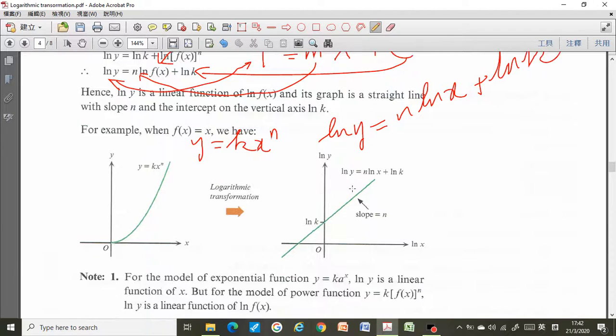So you can draw the graph like this. You must write down the straight line equation and the log x and log y here. Now here is not similar to the previous example. The horizontal axis is changed to log x. So you want to take the data by taking both by logarithm.